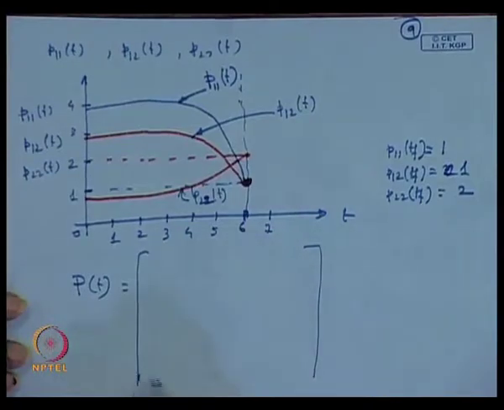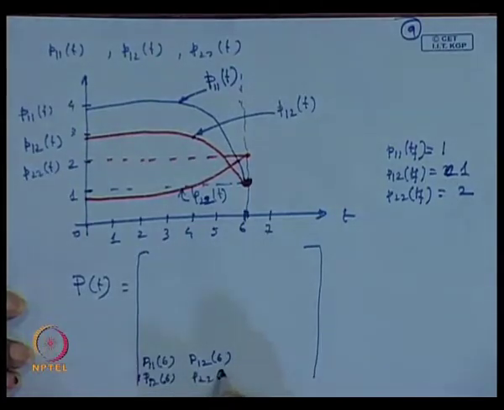So you store the 4 elements: at time 6 you store P 11 6, P 12 6, P 12 6 and P 22 6.